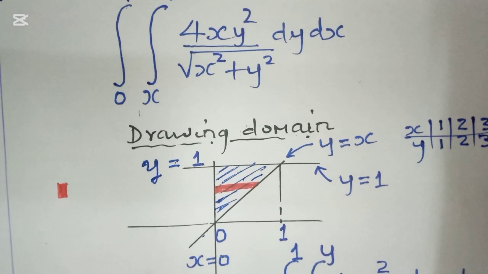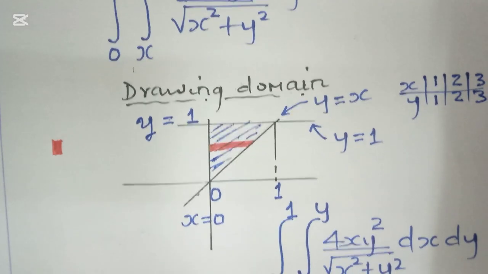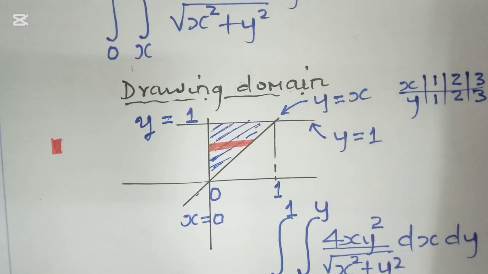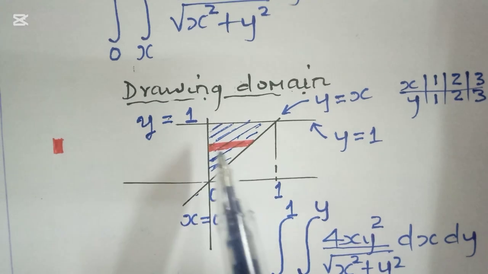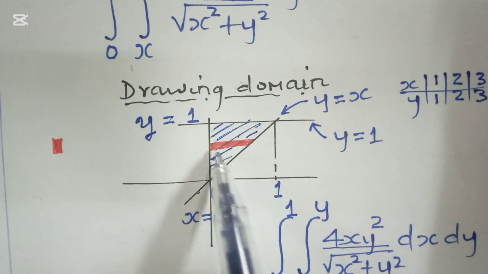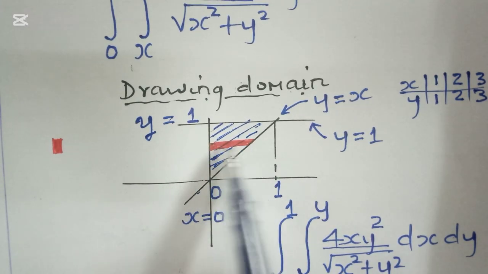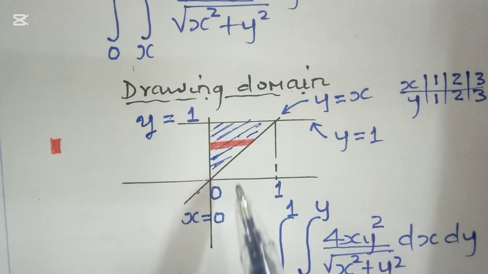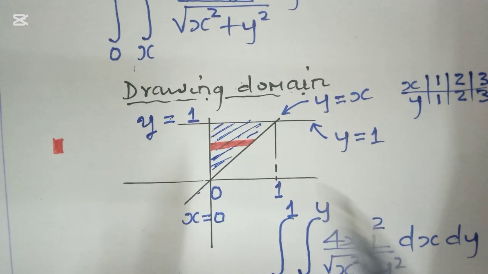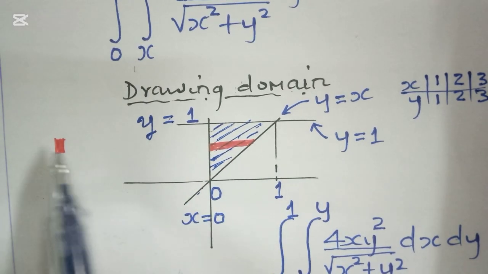Guys, now coming to change the integral, this is how we do it. We say we can integrate along the x-axis. This is actually along the x-axis, where we have what we call an element.